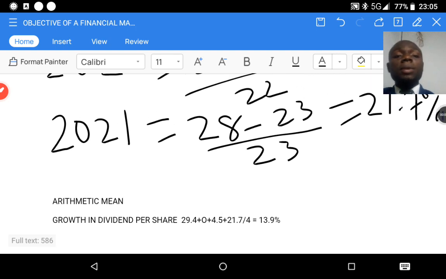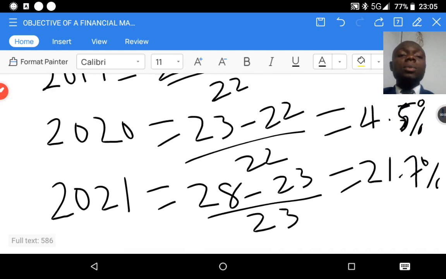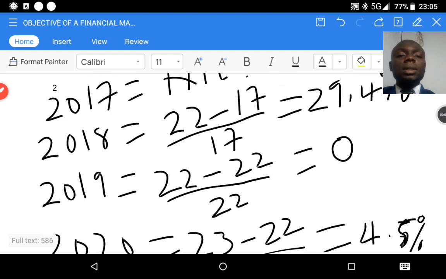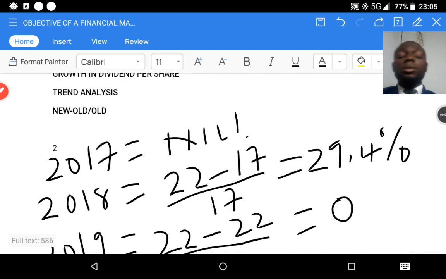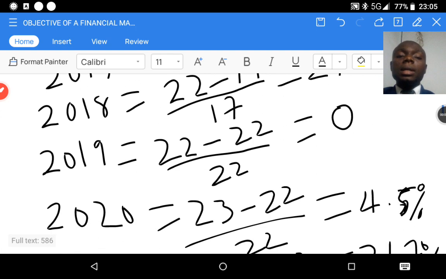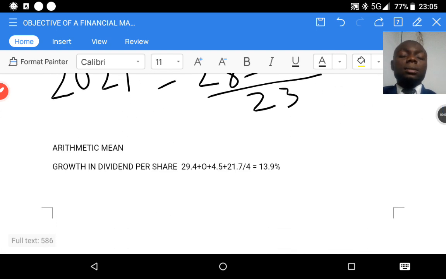When you calculate it, there is growth here: 1, 2, 3, 4. There is no growth in 2017 because we were not given the 2016 figure. So when you add everything together and divide by the number of growths, you have 13.9%. So the 13.9% is the arithmetic mean for the growth in dividend per share.